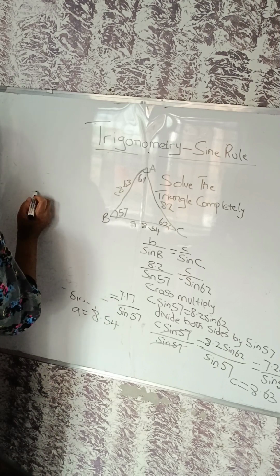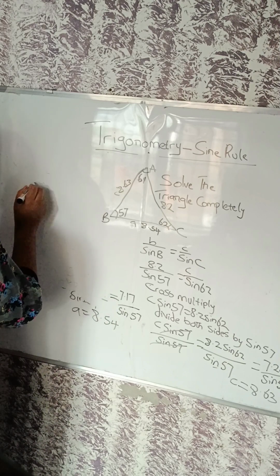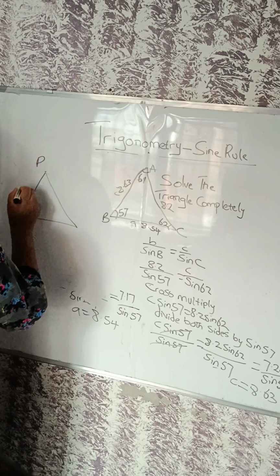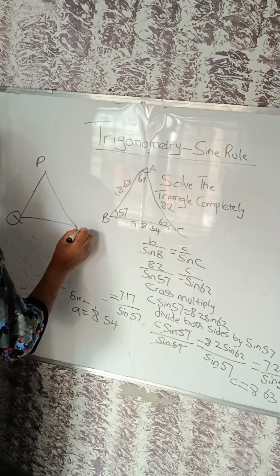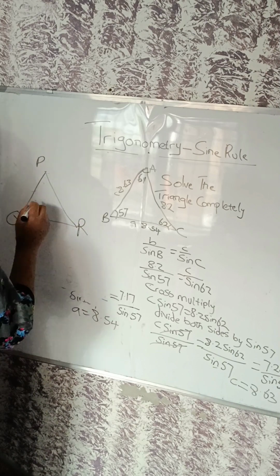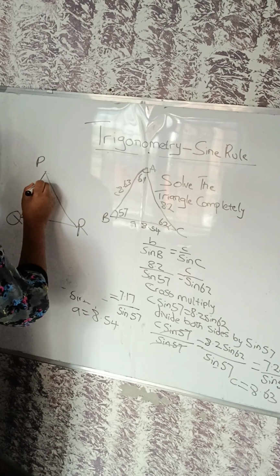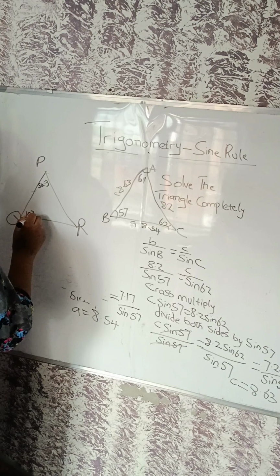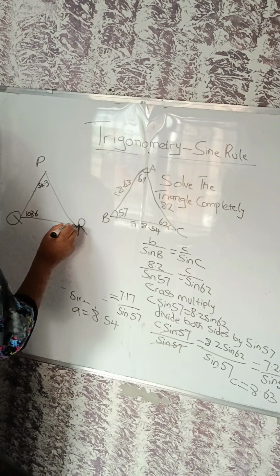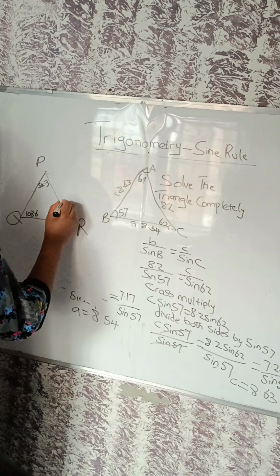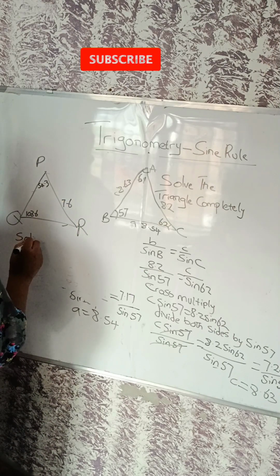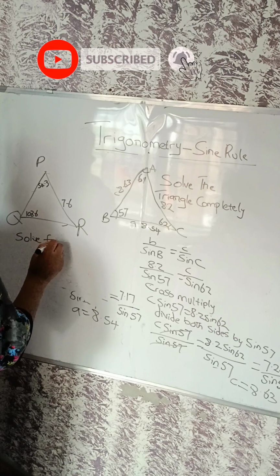Solve this: P, Q, and R. Where our P is 54.3, our PQ is 108.6. We don't have this. Our small q is 7.6. So solve for R.